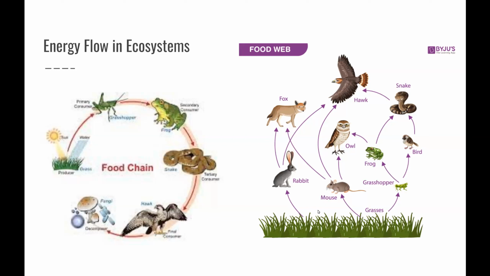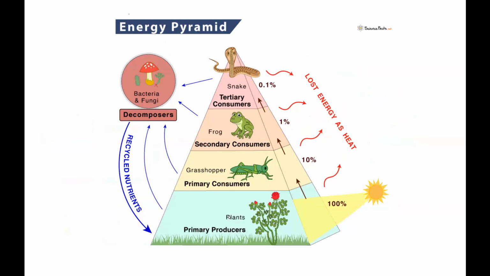So let's look at an energy pyramid. This shows you how energy is lost as it moves up the food chain or up through the food web. So we have 100% of the energy from the sun taken in by the plants and stored.